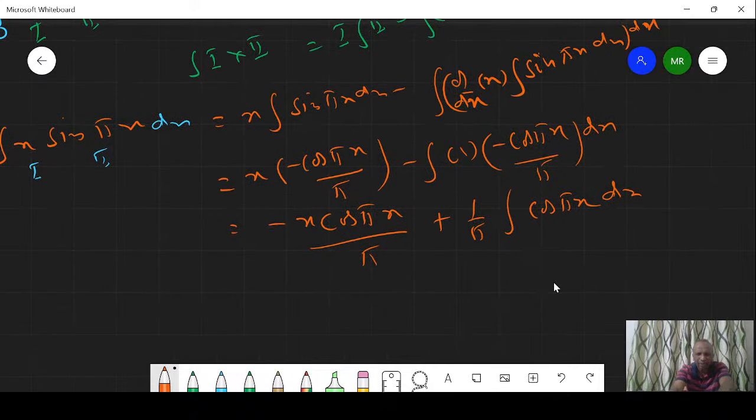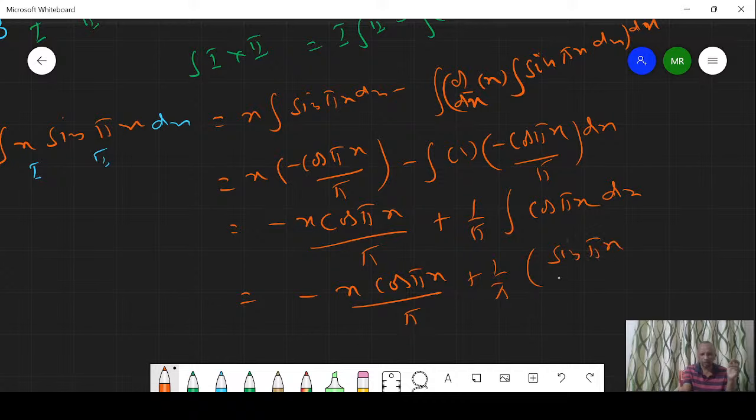So I can write now: minus x cos πx by π, plus 1 by π times the integral of cos πx, which gives sin πx; the derivative of πx is π only, so I divide. It comes like this. Here I am not writing the constant c because I am going to apply definite integrals.